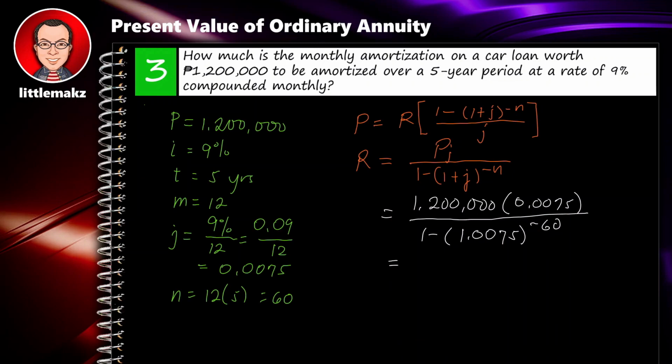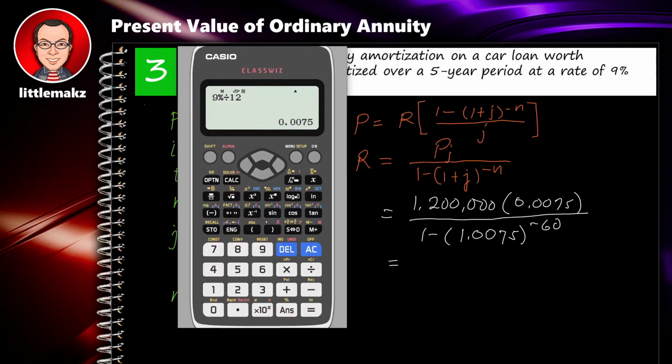Now I would directly input all this information in my calculator since we would want a more precise and more accurate value in this case. We've got 1,200,000 multiplied by 0.0075. Then the denominator will be 1 minus the quantity 1.0075 raised to the negative 60 power.